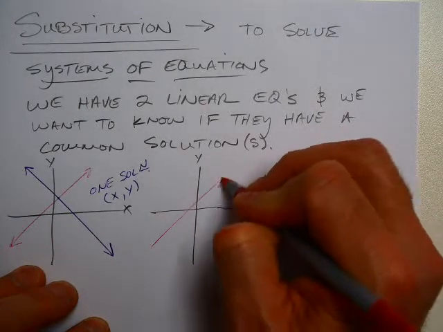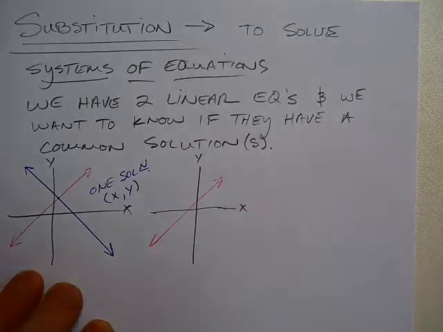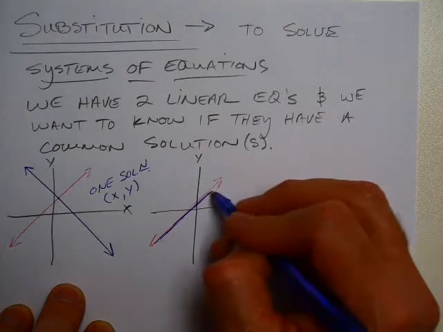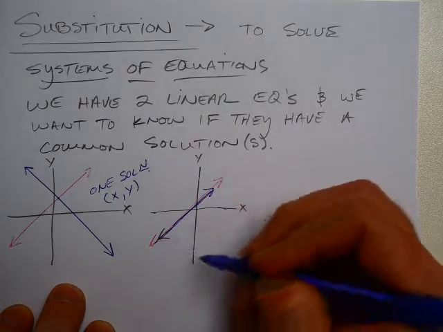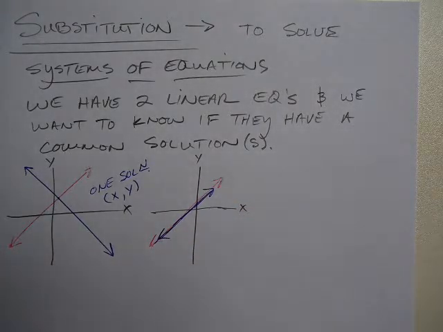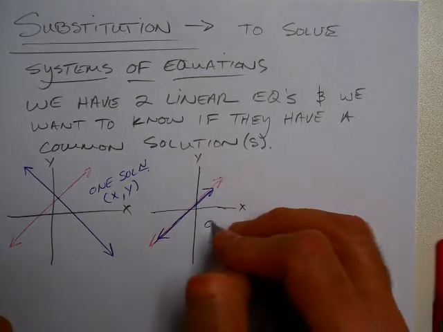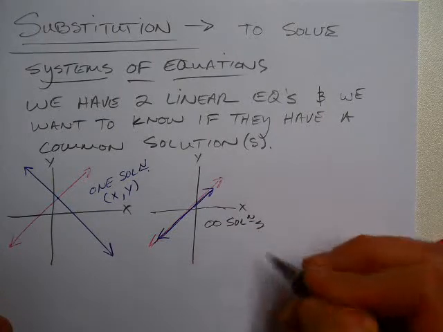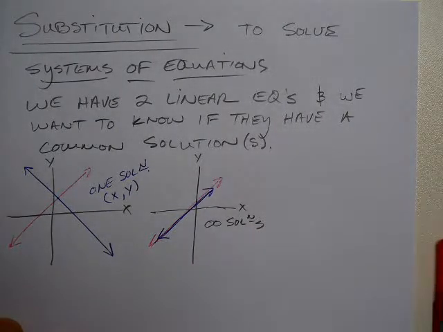You can't tell by the equation itself if we math teachers get tricky and write them in a certain way. What we might find is that we are actually looking at two equations that are the same line. How many solutions would we have there? Infinite. They're all of them, right? So this is an infinite number of solutions. Right, that's the third situation. So if it's the same line, we have infinite number of solutions.